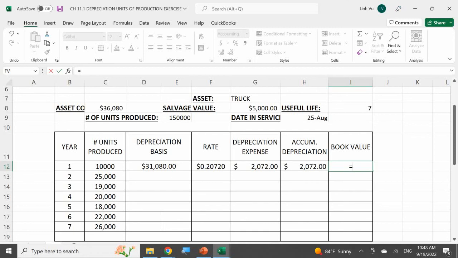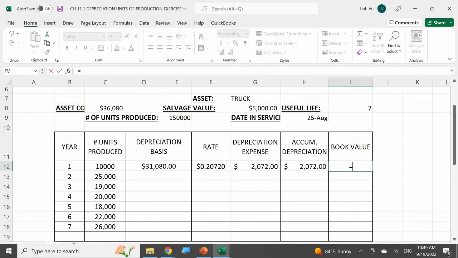Okay, I got it. 4,144. No, I don't know how you got that number. So go ahead and tell me, what did you do? I added the expense and depreciation. Nope, that's not how you do it.